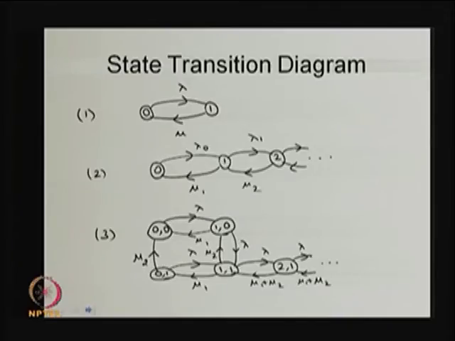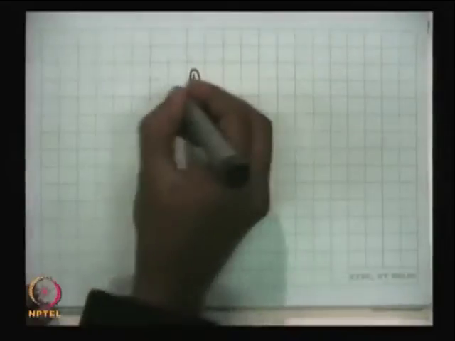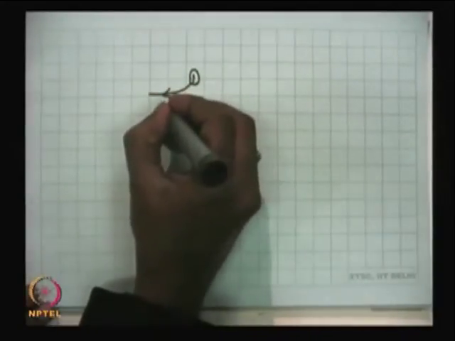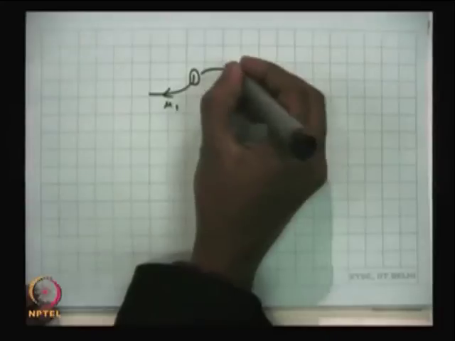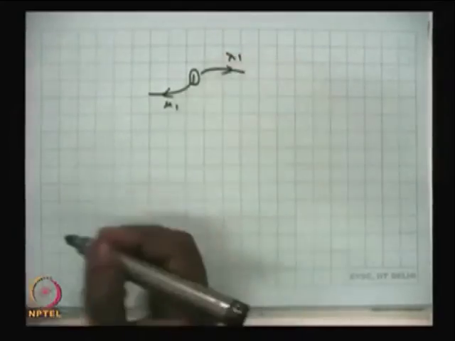Therefore, this is mu 1 and this is lambda 1.